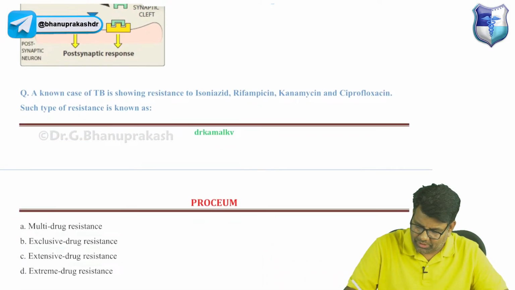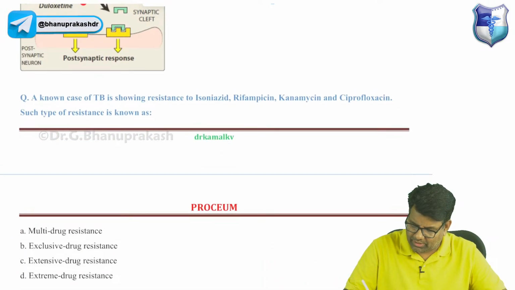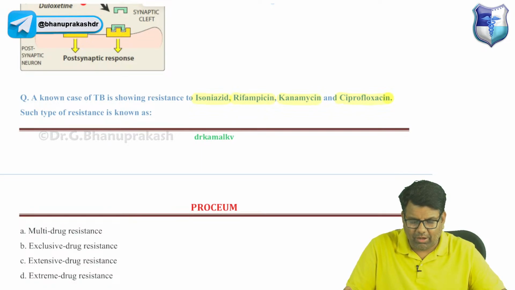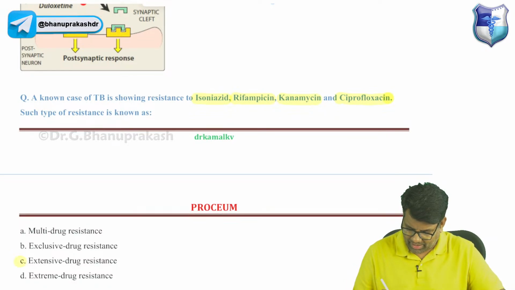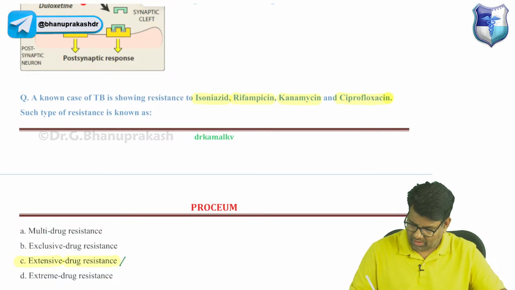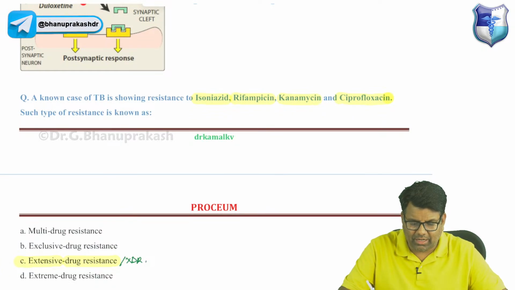Now, the next question. A person is showing resistance to isoniazid, rifampicin, kanamycin and ciprofloxacin. This will be labeled as extensive drug resistance, that is XDR. And how do we define XDR?